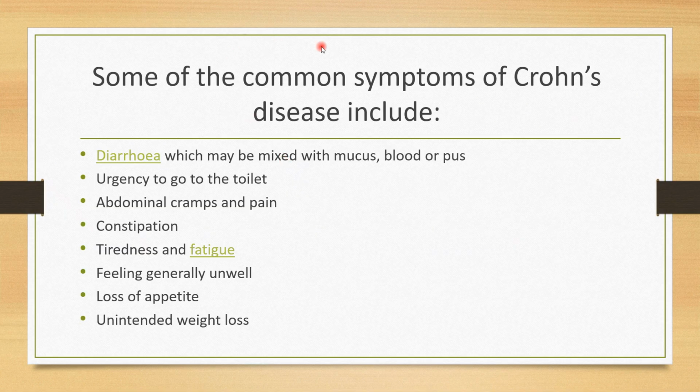Firstly, I would like to mention the symptoms of Crohn's disease. Constipation may occur more often. Diarrhea, maybe, but also mucus, blood in stool, pus, urgency to go to the toilet, tiredness, fatigue, feeling unwell, loss of appetite, weight loss.